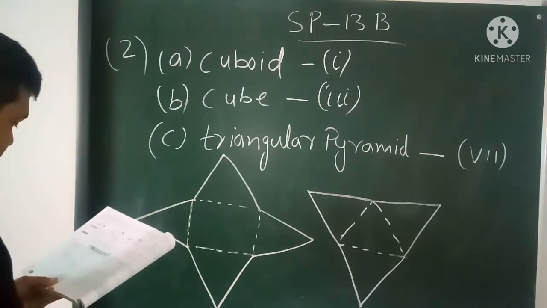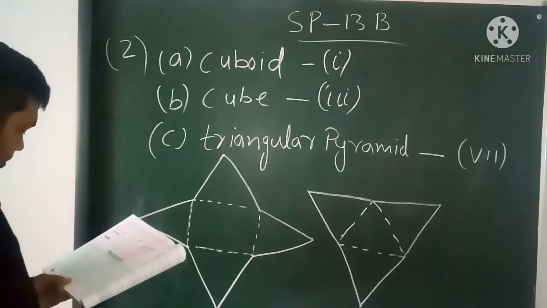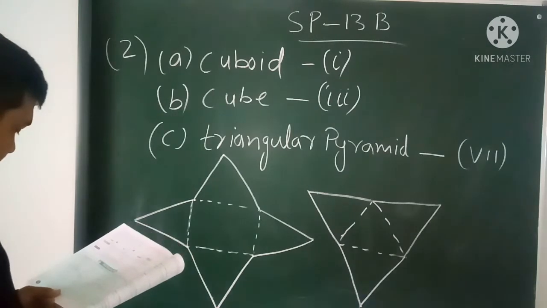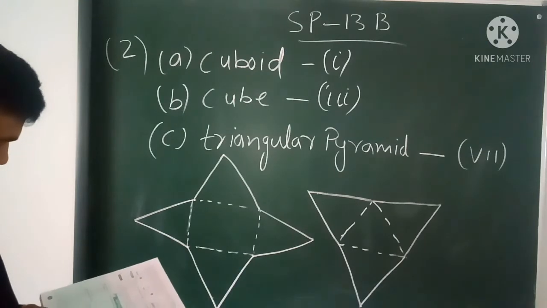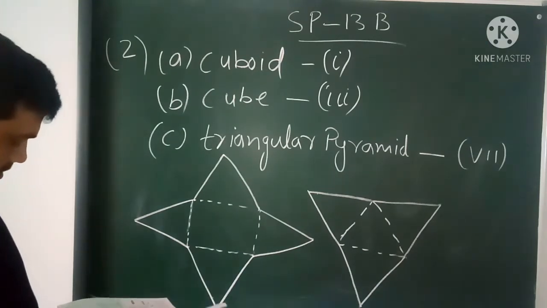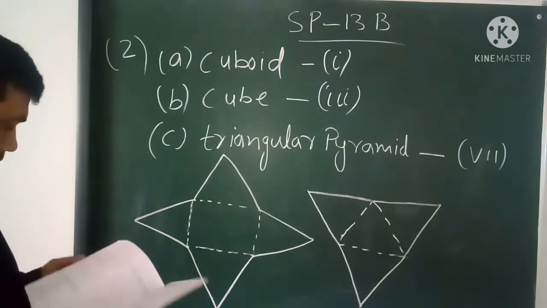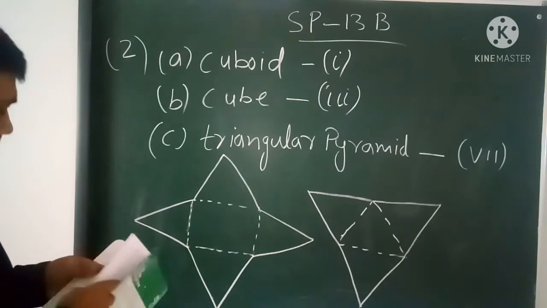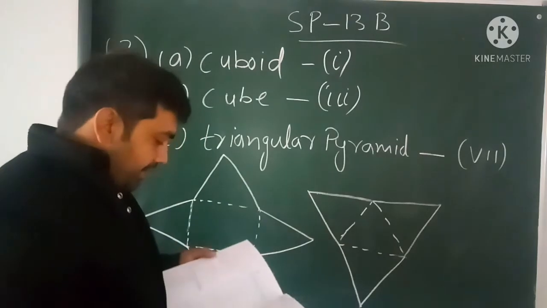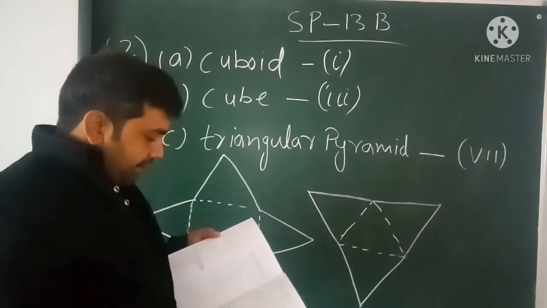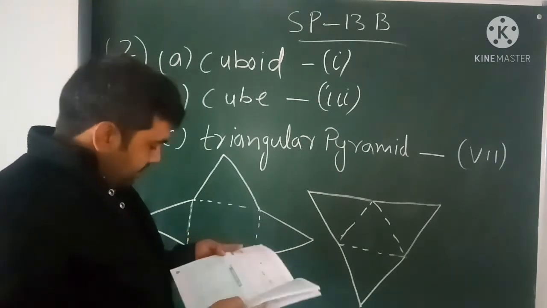The question is rectangular pyramid. So such a type you will get for the rectangular pyramid. That is question number 2D, self practice 13B, the second one.